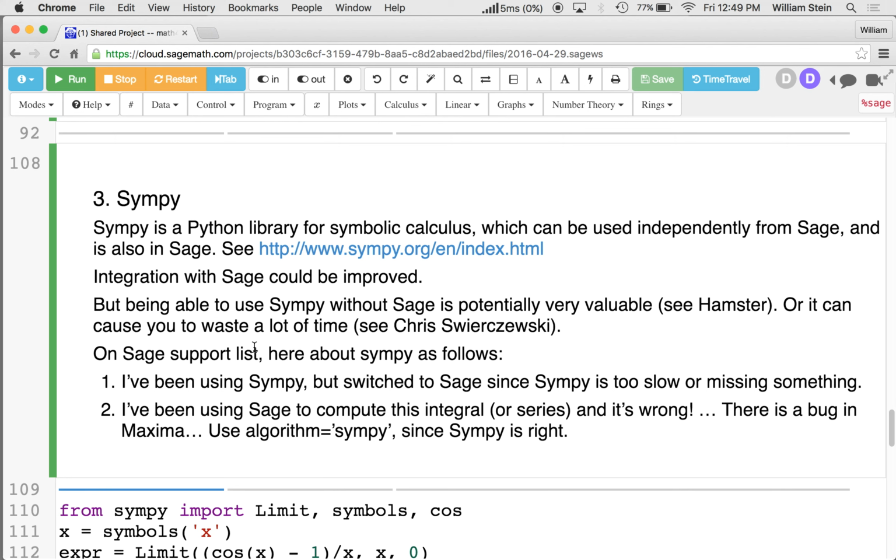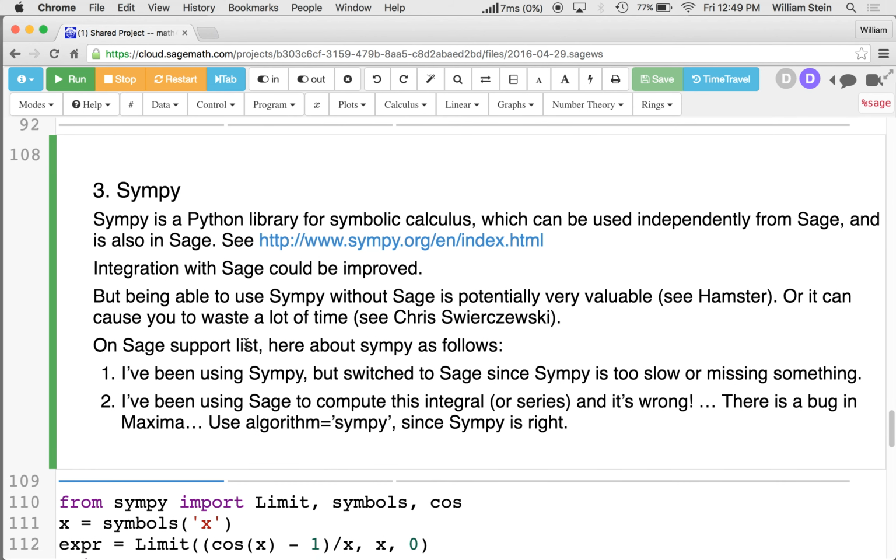Okay. So the way SymPy usually comes up in the context of Sage is somebody's been using SymPy and they say, hey, I'm using Sage now because the symbolics are faster. And they're sort of frustrated with SymPy's symbolic manipulation maybe being too slow.